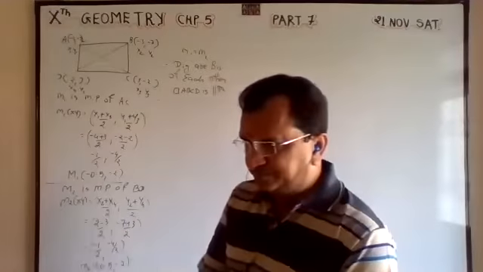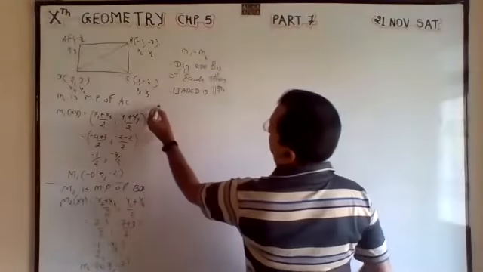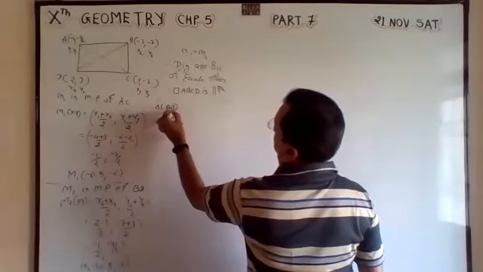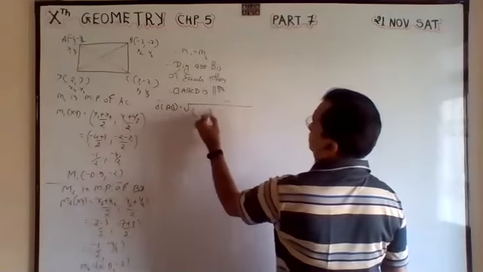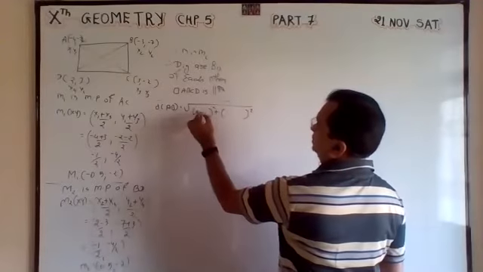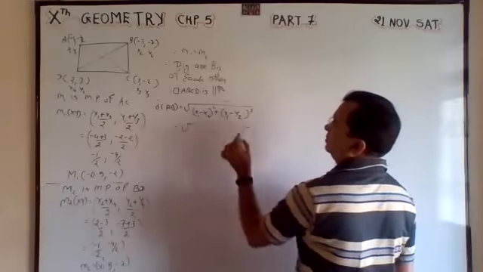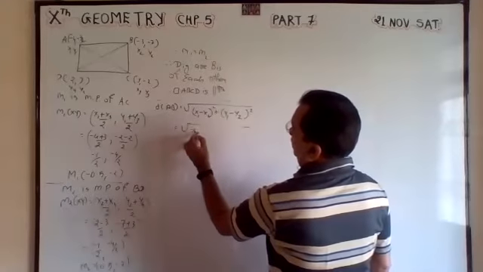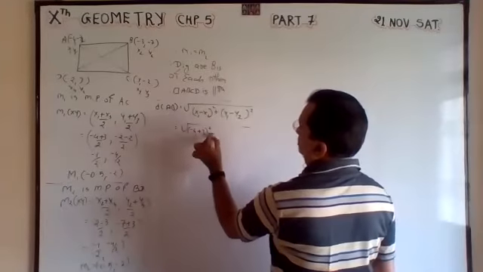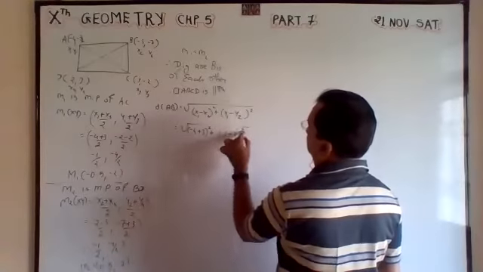So distance AB, that is 1 2, x1 x2 y1 y2, minus 4 plus 3, minus minus plus, minus 2 minus minus plus.